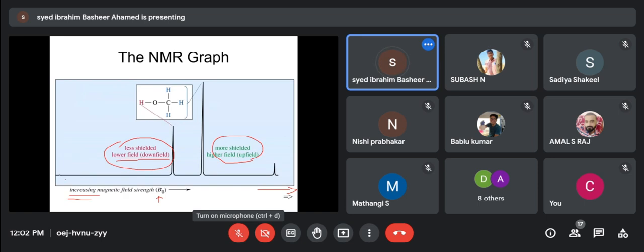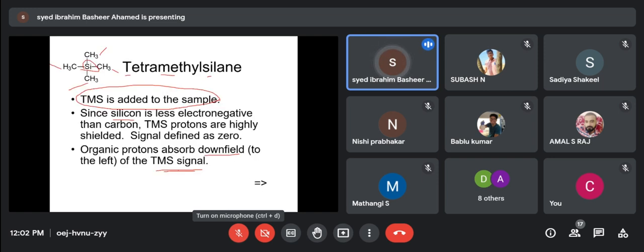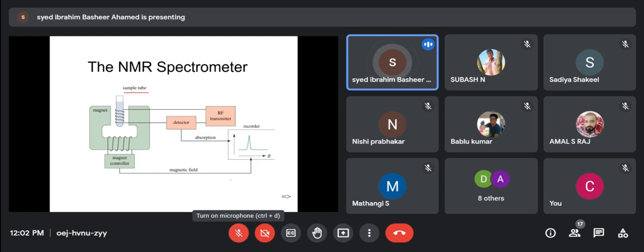Downfield means left hand side of your NMR map. Alright? Upfield means right hand side of your NMR map. So here, what is this saying? Organic protons will absorb downfield of the TMS signal. Downfield of the TMS signal means what?